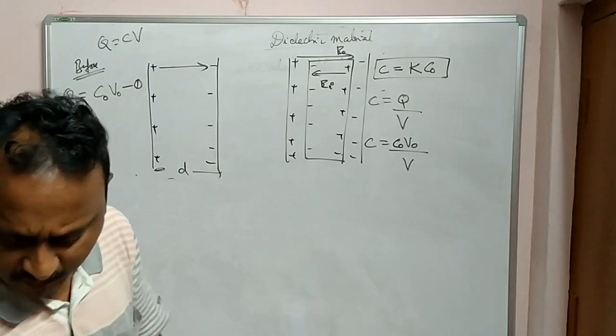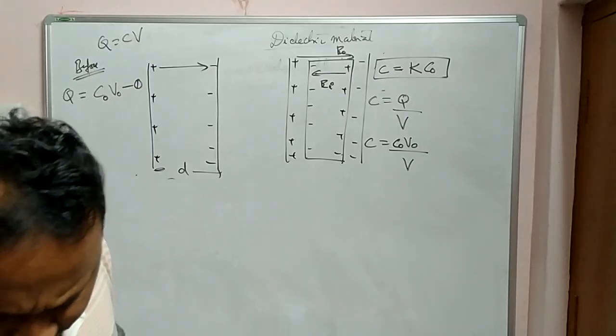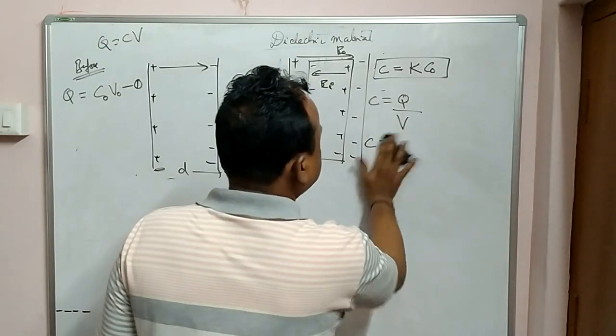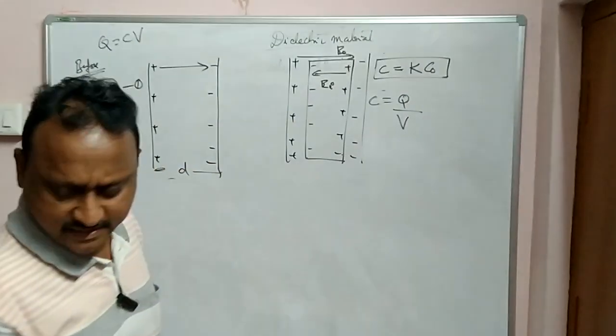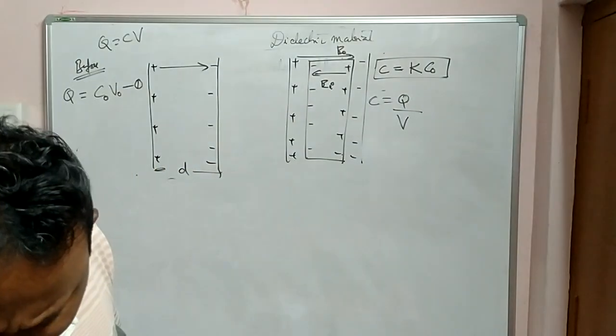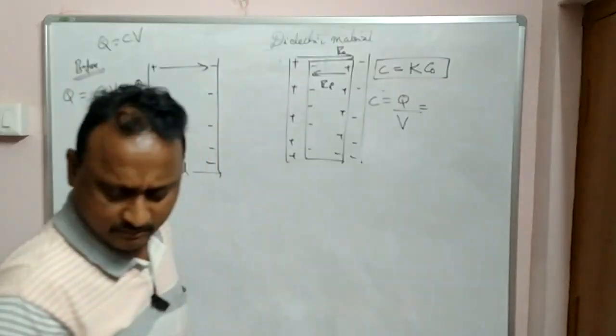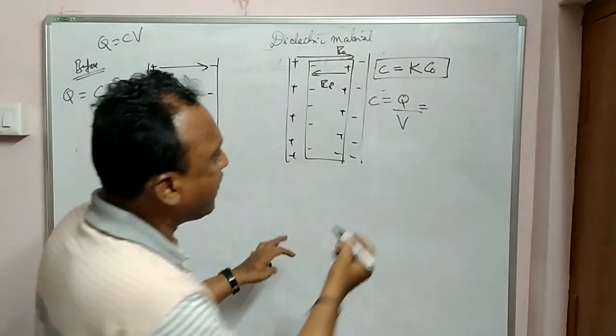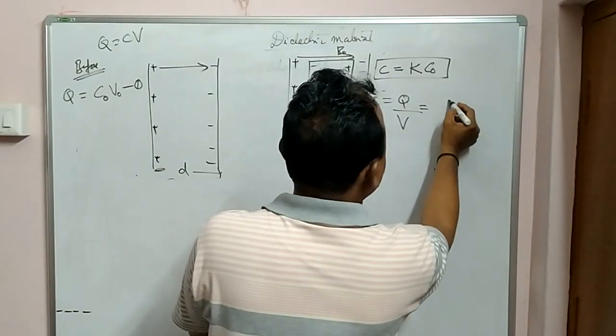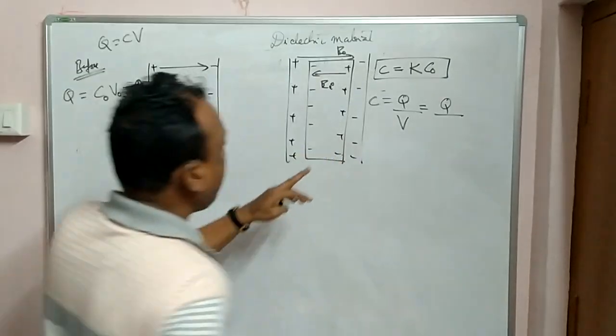Oh, small mistake we did. See here, C is equal to Q by V. What is V actually?